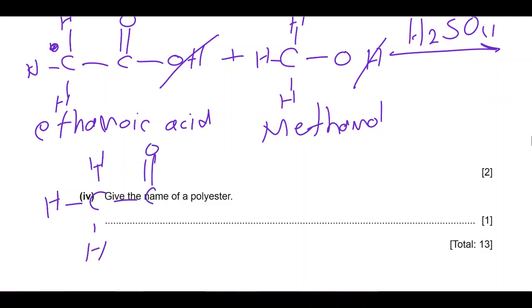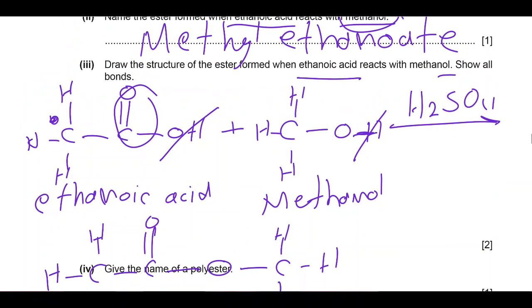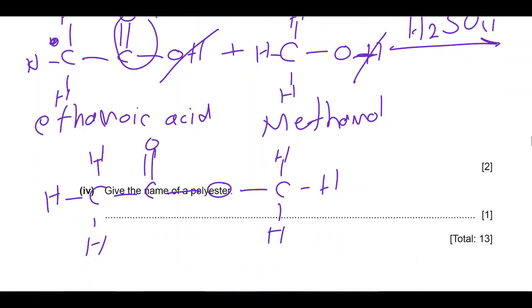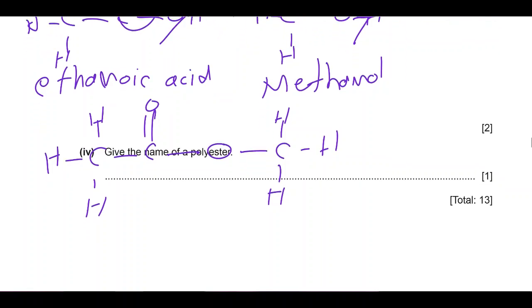You have removed the OH and you have removed this H. So this carbonyl will be bonded to this O. So here we have O and again CH3. So this is methyl ethanoate. So we have drawn the structure, showing all the bonds between the atoms.